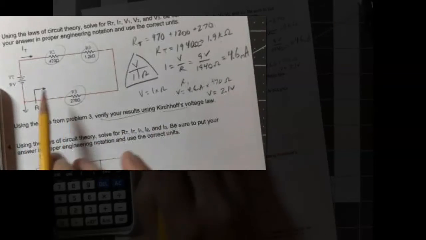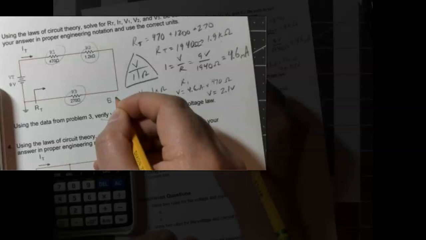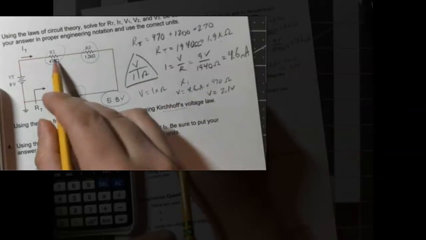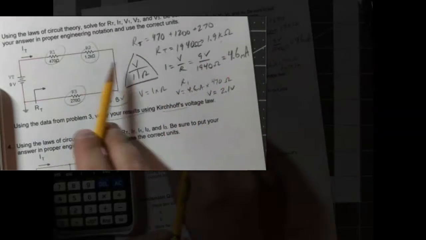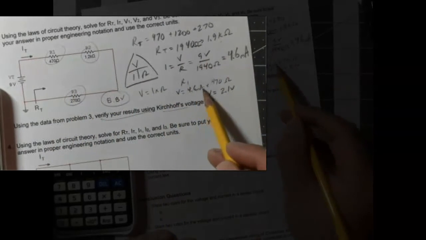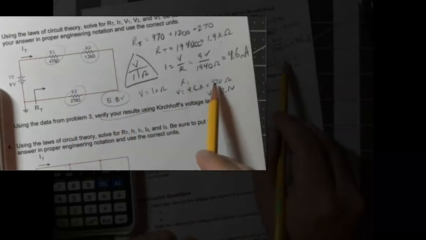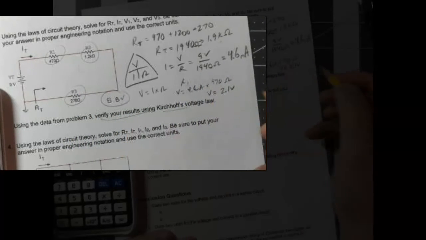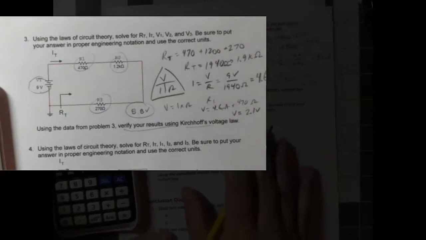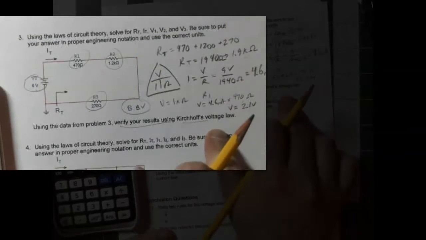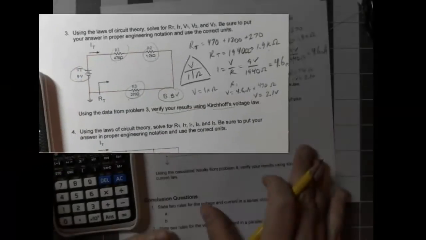And if we did that for each of these, we would get about 8.8 volts. For R2, we would say 4.6 milliamps times 1200 ohms, and for R3 we would say times 270. If we add up all the values, we would get something very close to the 9 volts. It's not going to be perfectly 9, but it's very close to 9. So that would verify our results.